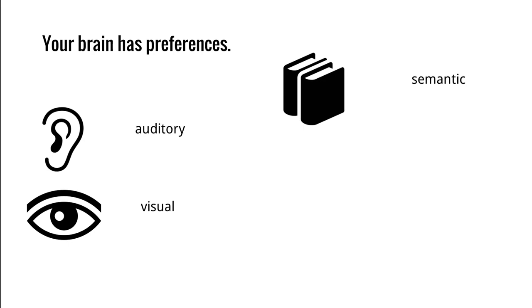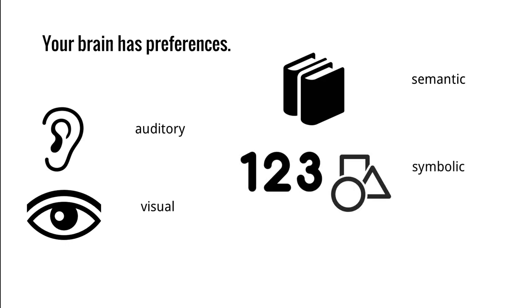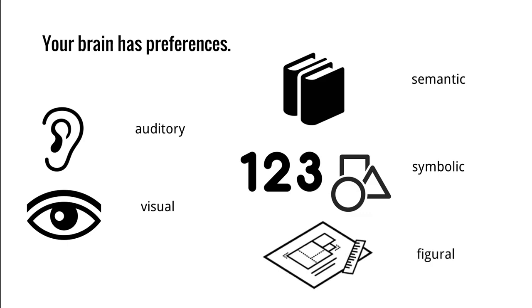It's super easy for them to understand it, but maybe they struggle with symbolic information, or vice versa. And alternatively, there are some people whose brains are very figurally oriented, and seeing information, understanding designs, patterns, blueprints, architectural outlines, and things like that can be their most comfortable place.